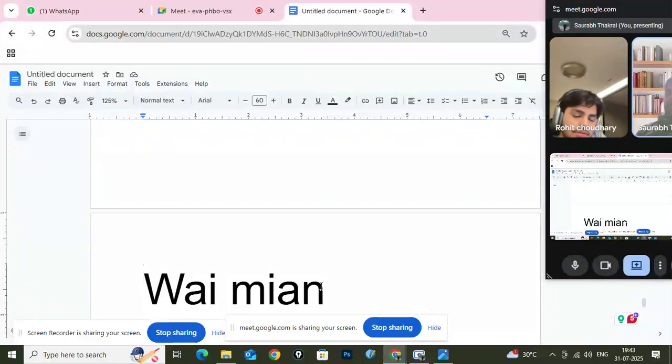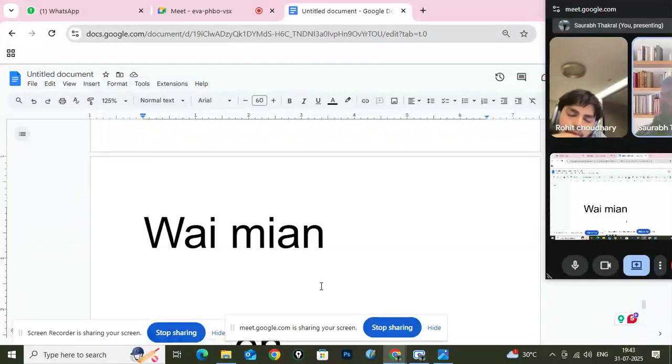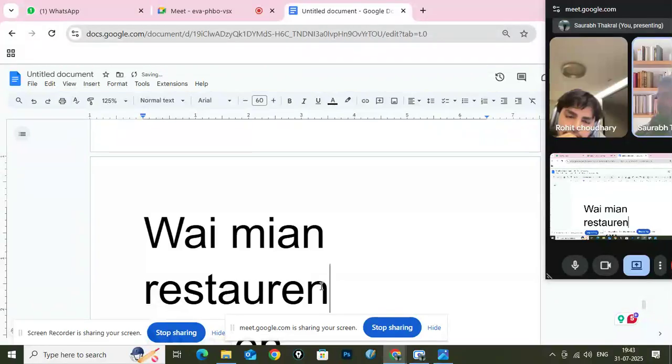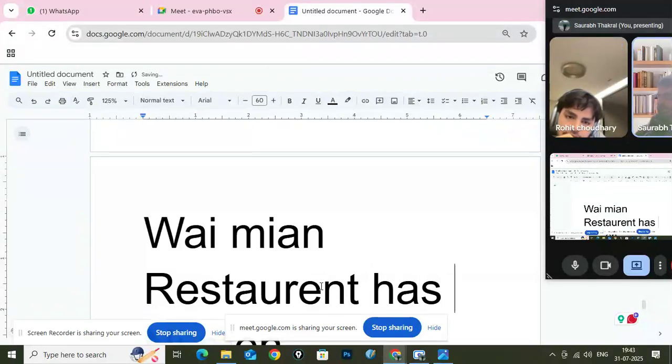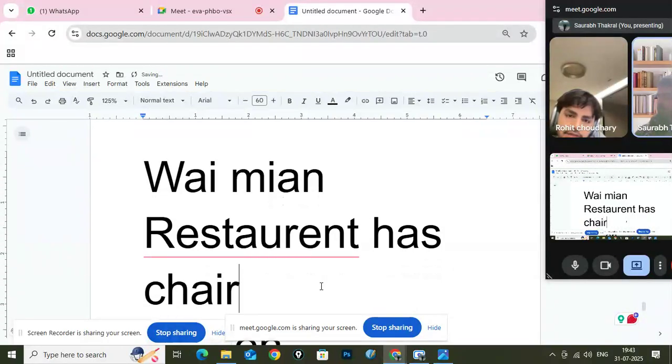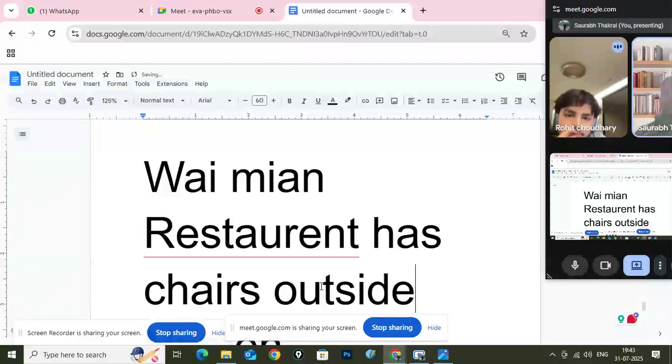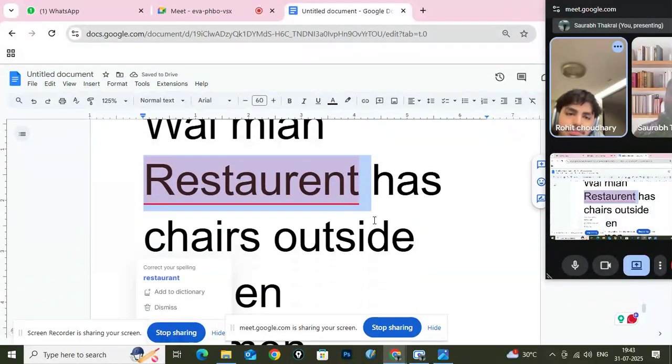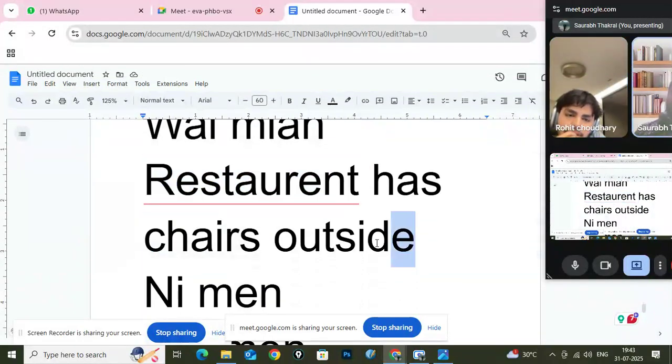Now hold this sentence. What we want to say is: restaurant has chairs outside. Because this is a noun, this noun is attached with the direction.